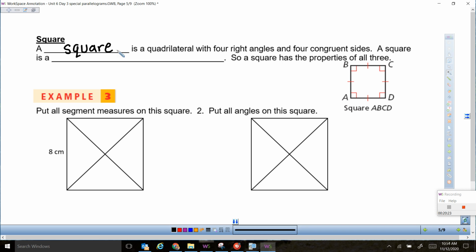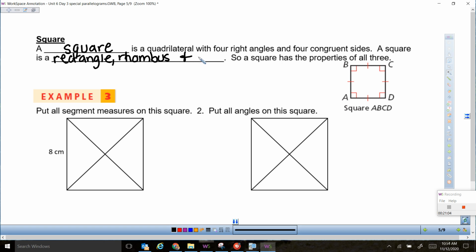If it has 4 congruent sides, that means it's a rhombus. So the next part says that a square is a rectangle because it has 4 right angles. It is a rhombus because it has 4 congruent sides.